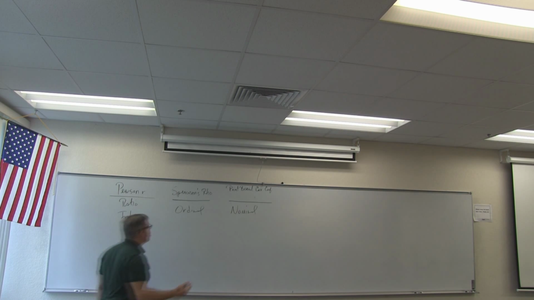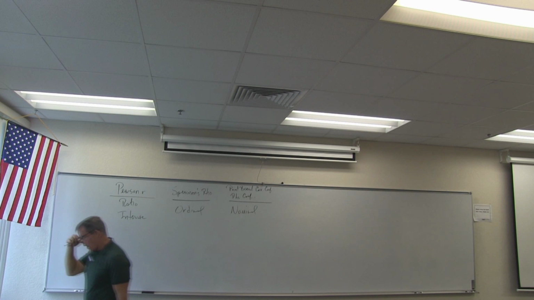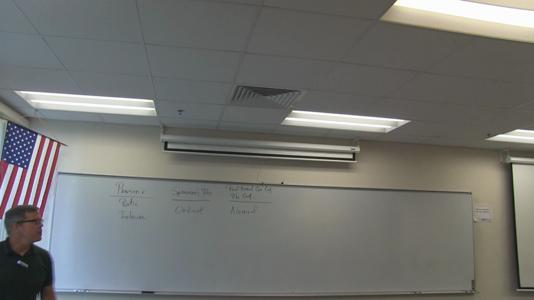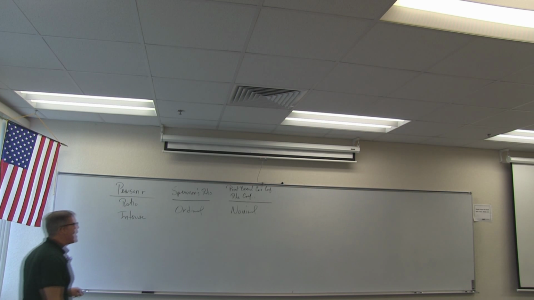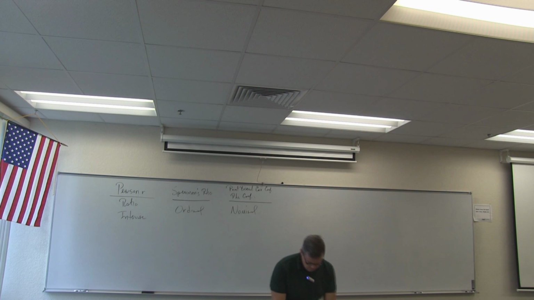There's another one called the phi coefficient. Again, measures of relationship designed to look at the association between x and y with data at the nominal level.